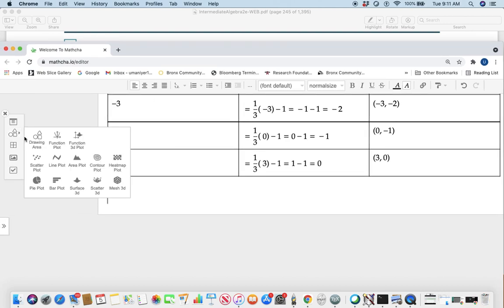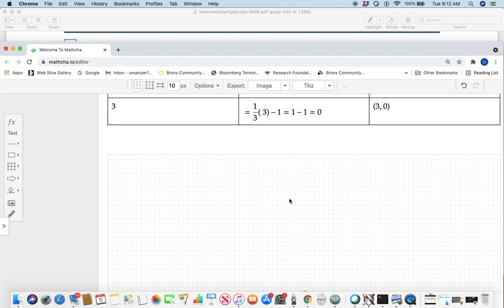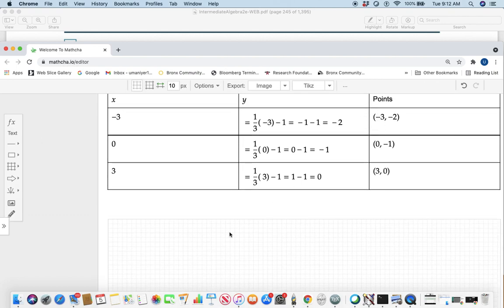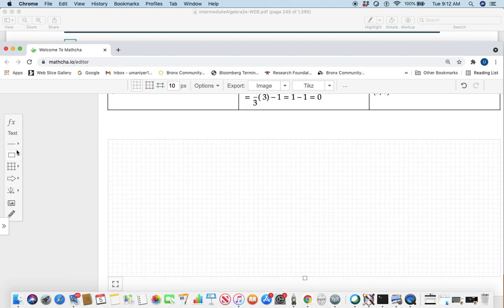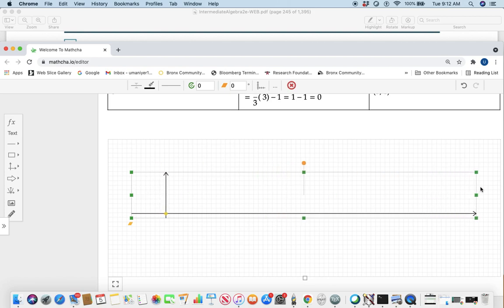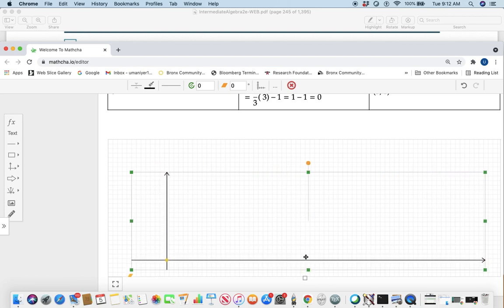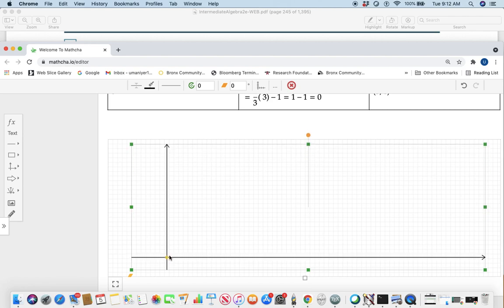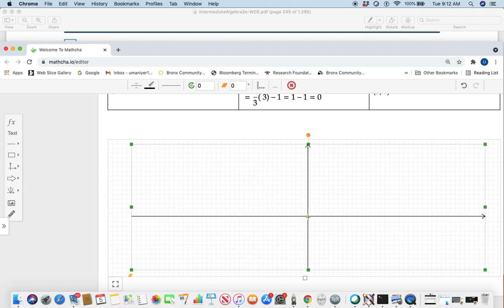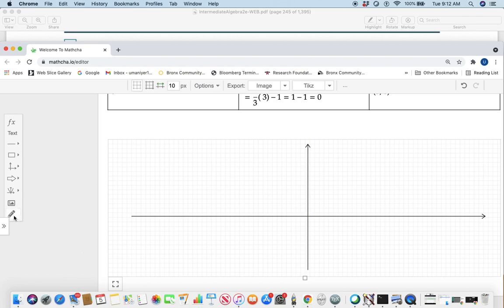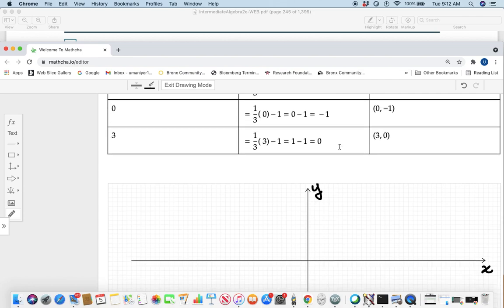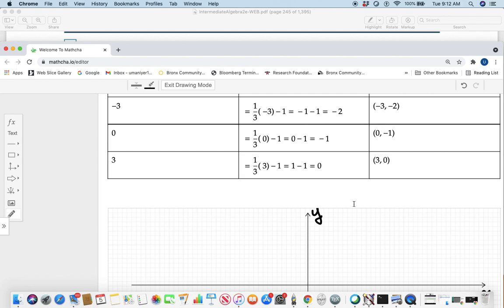Upon coming here, you now have a graphing area, -3, -2. All right. You have your x and y axis. Let's write those down. This is the x-axis. This is the y-axis.